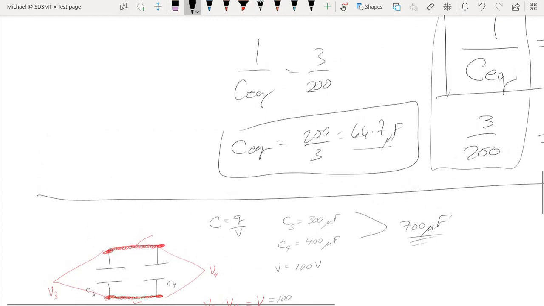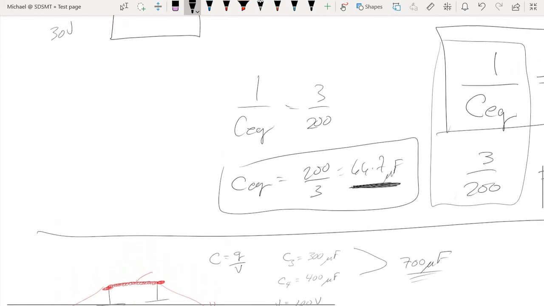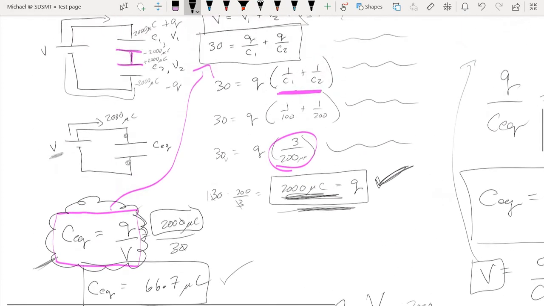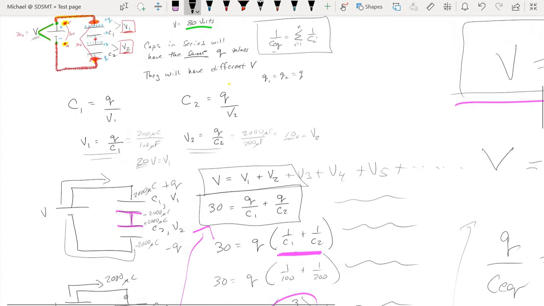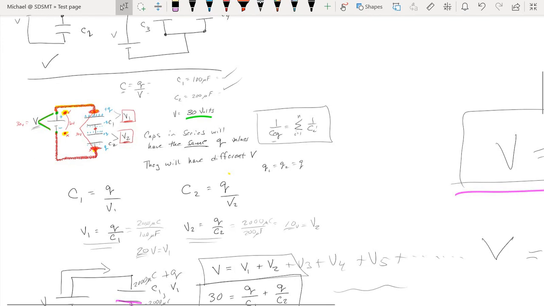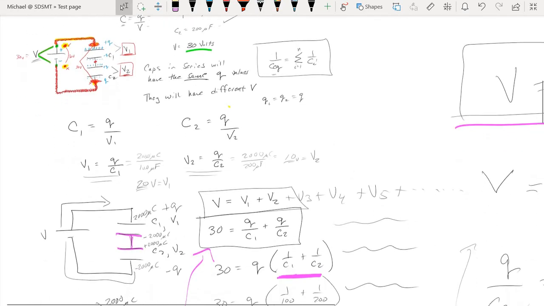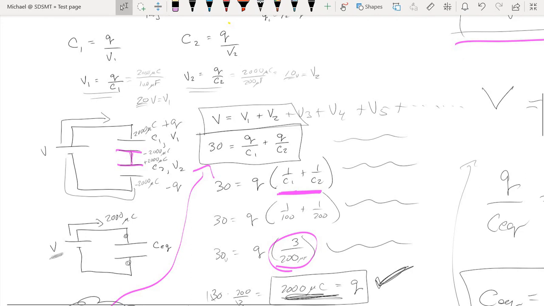If I were to ask you with the series case, can you think of a way that you would combine capacitor values of 100 and 200 to make 66.7? Well, then you might be scratching your head. You might have to try a few different combinations, but even if you were able to combine 100 and 200 in a way that made 66.7, how do you know that that's a valid representation of everything that we did here?